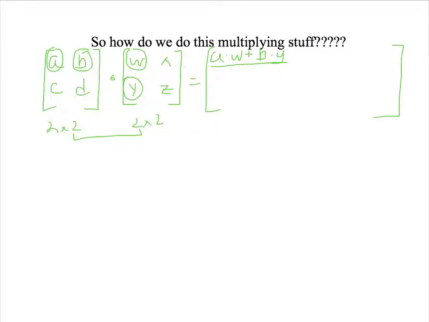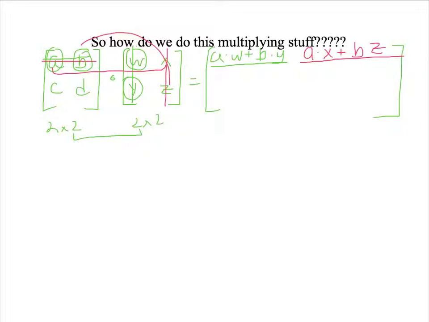So it's essentially first row, first column. Now for this element, I'm going to do the first row, second column. Notice it's in the first row, second column. And this will be A times X plus B times Z.